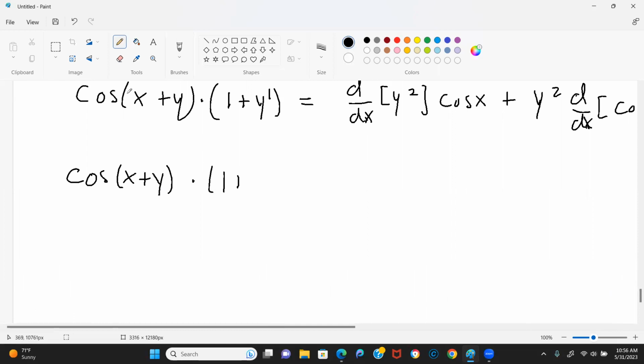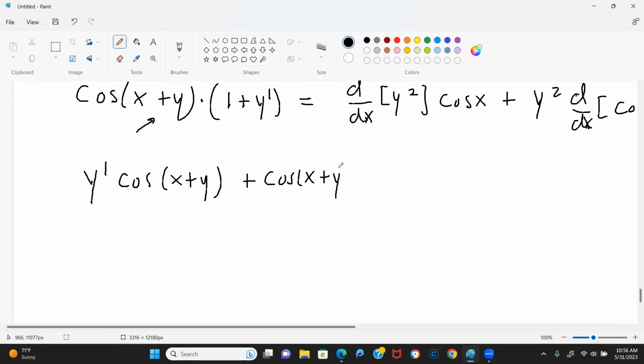All right, so now let's copy down the left-hand side. Actually, what we need to do is distribute, and then move terms around because we're going to need to solve for y prime. So when you FOIL this, you get y prime cosine of x plus y, plus cosine of x plus y.